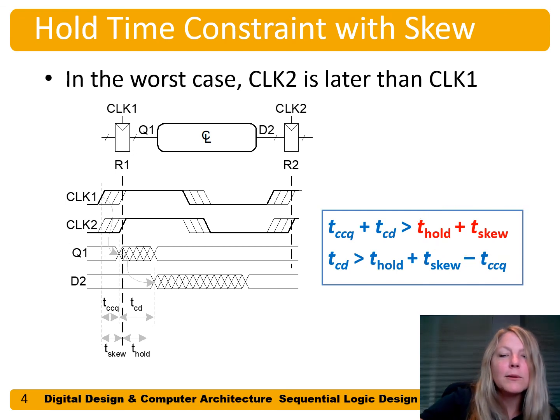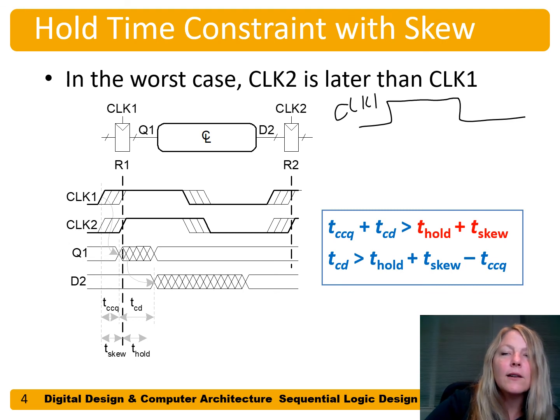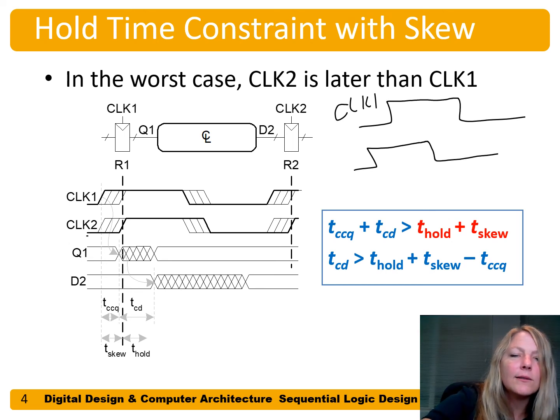And we can do the thought experiment about why this is the constraint again. So here's clock 1 and clock 2. If clock 2 were skewed early instead, right, clock 2 is later than clock 1.